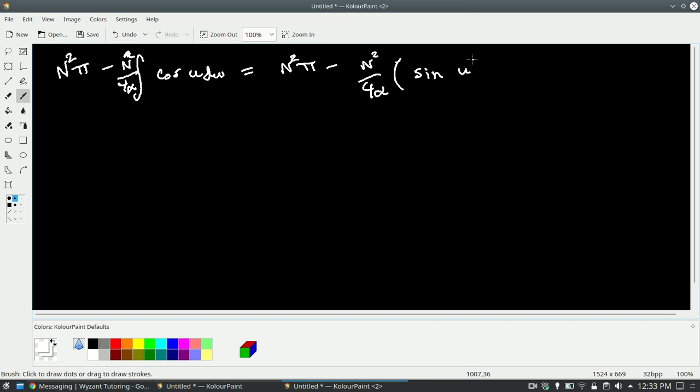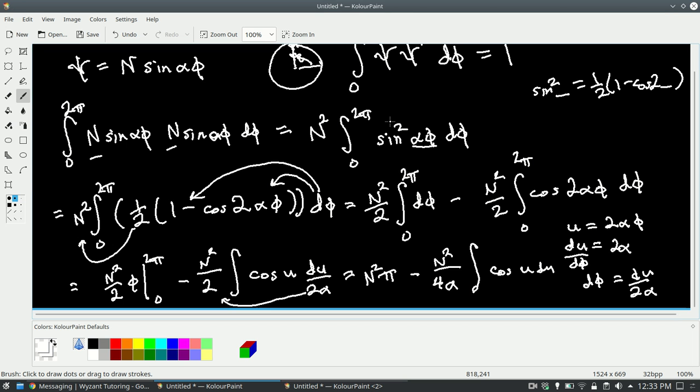But there are some limits of integration here, aren't there? So let's convert the u back into the phi's. What did we say that the u was? We said the u was 2 alpha phi.